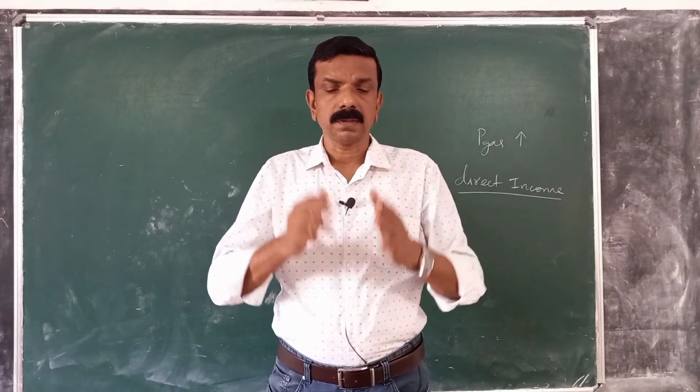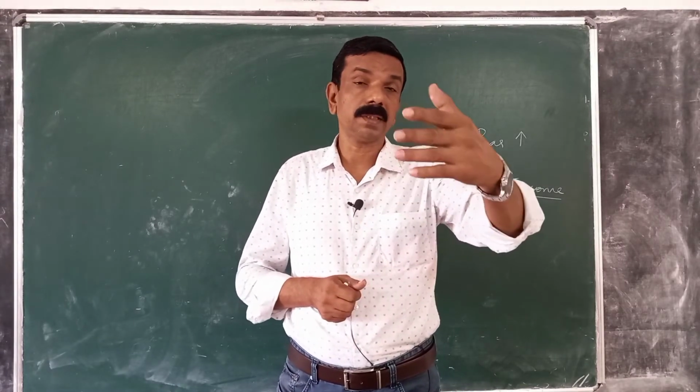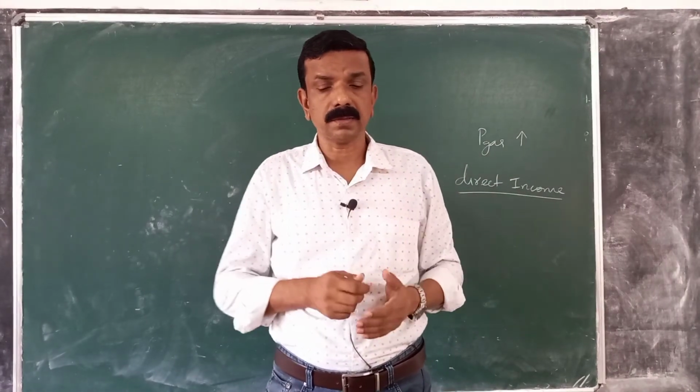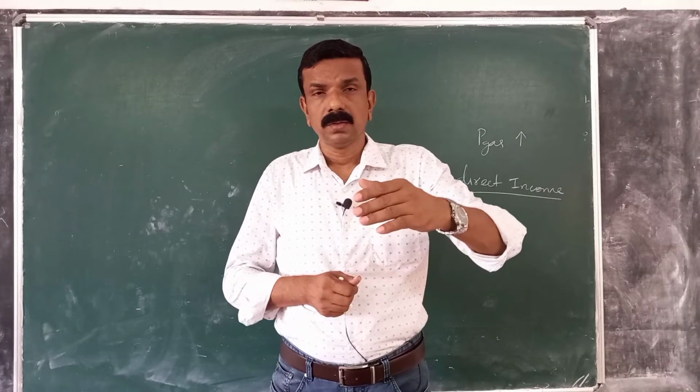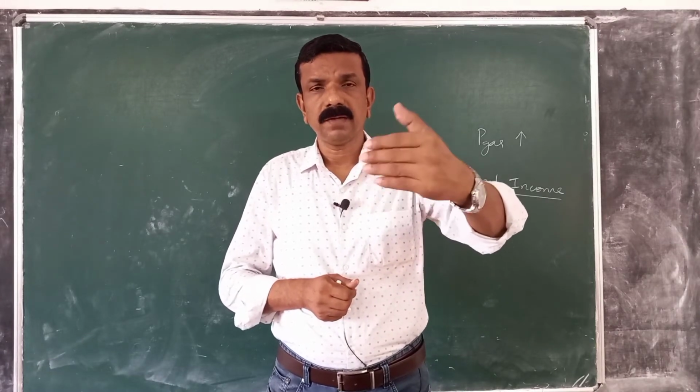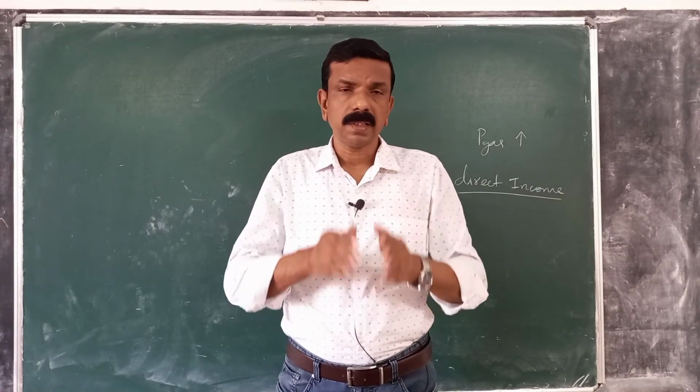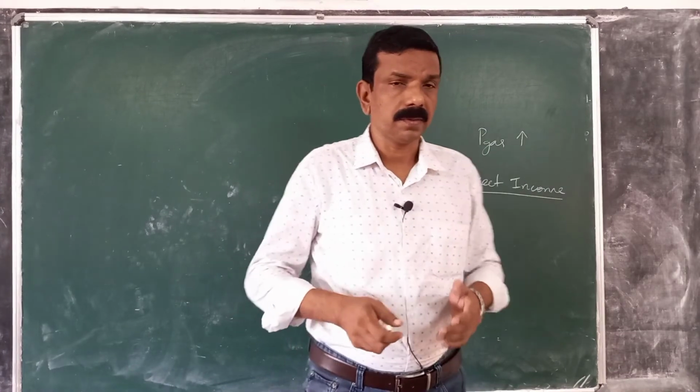Now, in order to see how much compensation is required to keep the well-being of the family constant, we can rewrite the Slutsky equation.